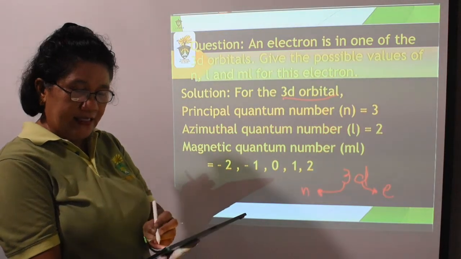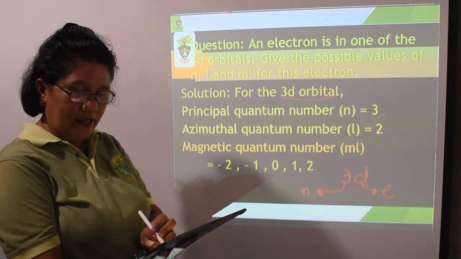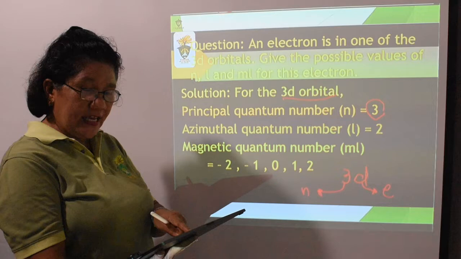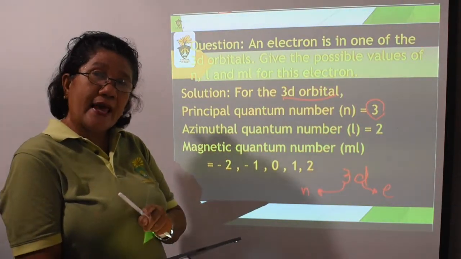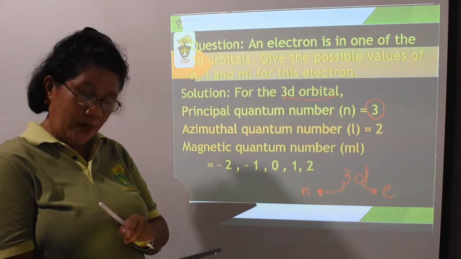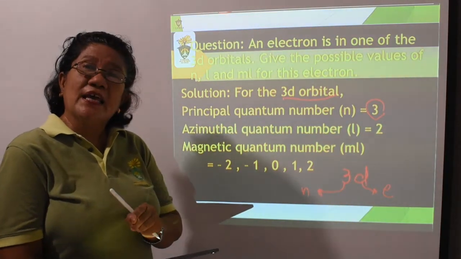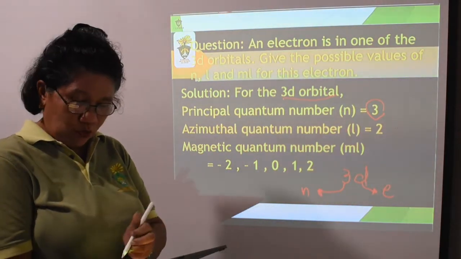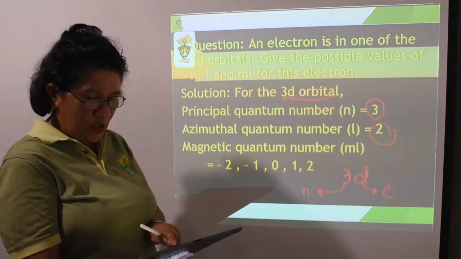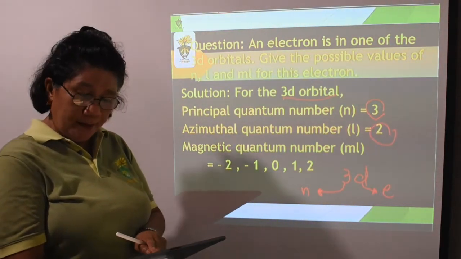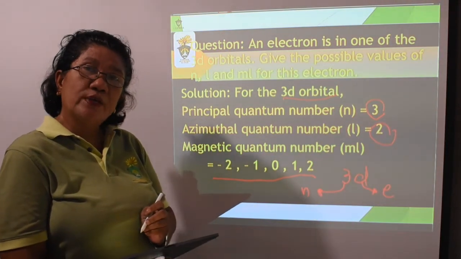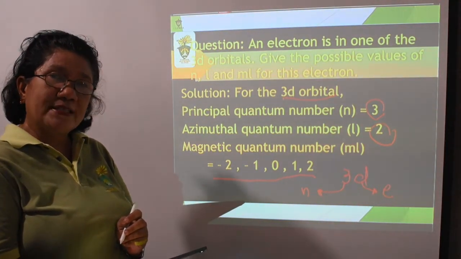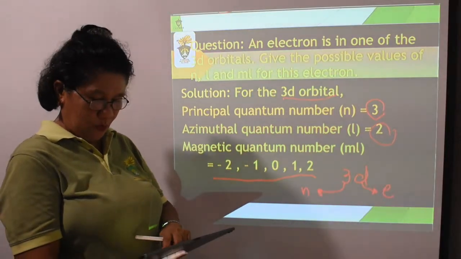N is equal to 3. And your D, you already know that D is equal to 2. S is equal to 0 for azimuthal, P equal to 1, D equal to 2. And of course, for your magnetic quantum number, these are the values: negative 2, negative 1, 0, positive 1, and positive 2.